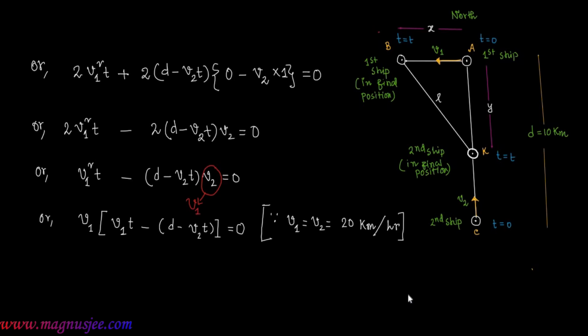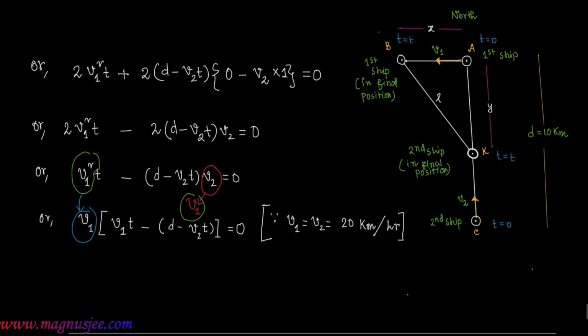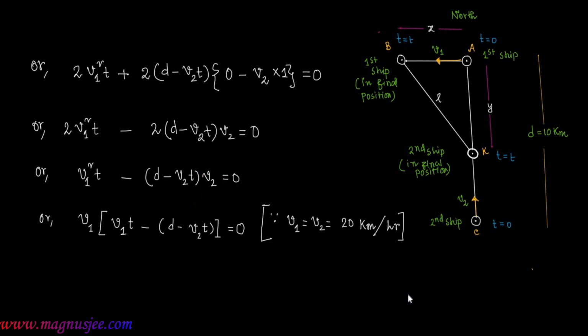Here v2 is equal to v1, and considering this, we can take common v1 from v1 square and from the second term. So here we can write v1 (v1t minus (d minus v2t)) equal to 0.